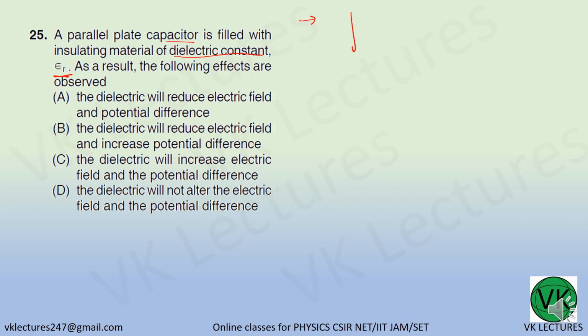If you have a parallel plate capacitor with capacitance C0, and this is air, and I introduce a dielectric material with dielectric constant epsilon R, then the new capacitance C dash will be equal to epsilon R times C0.